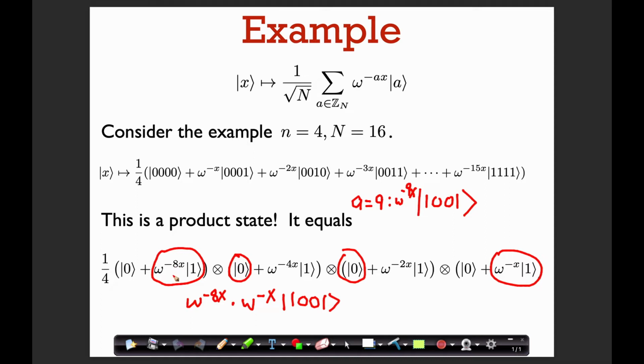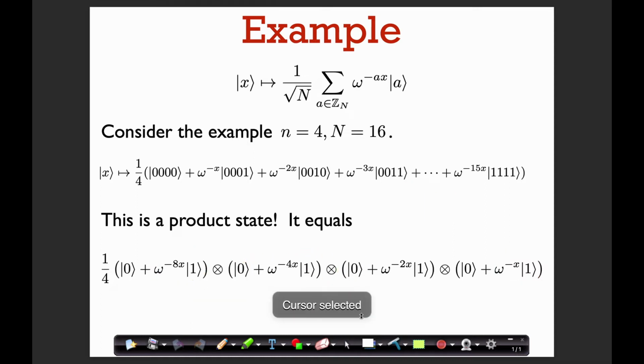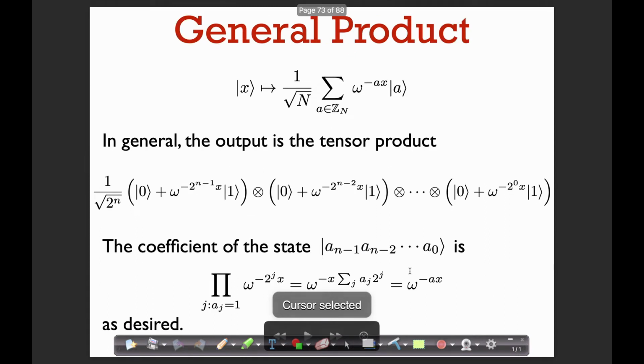And when we sum up those terms, omega to the minus 2 to the i times x, for all i where a_i is 1, and take the product of all those terms, then we're going to exactly get omega to the minus a times x. Okay. So I think we have that written out on this slide.